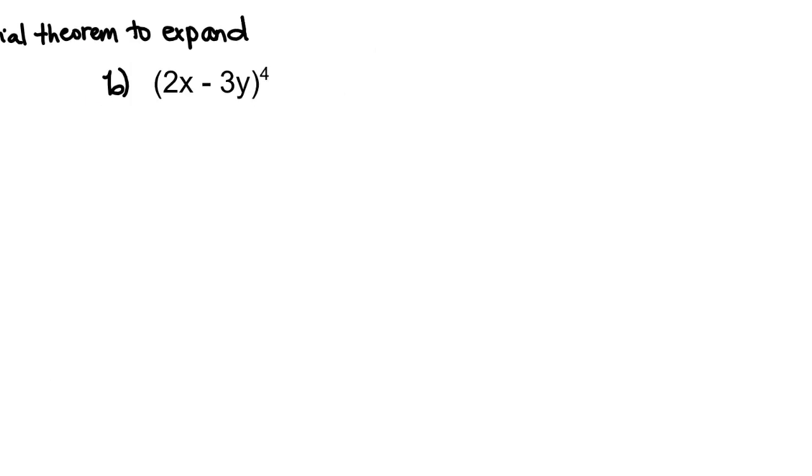So we have n is 4. And then my a term is 2x. It doesn't necessarily matter that they're called a and b. It's just the first and second piece.